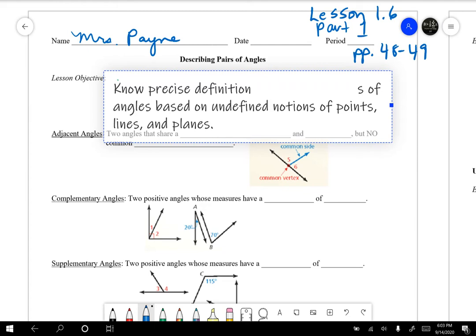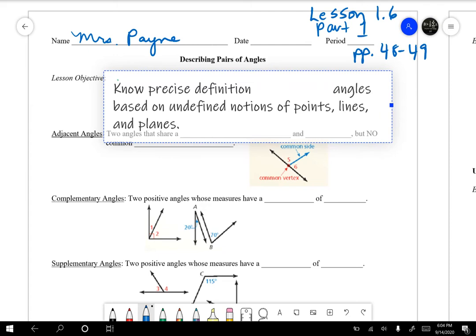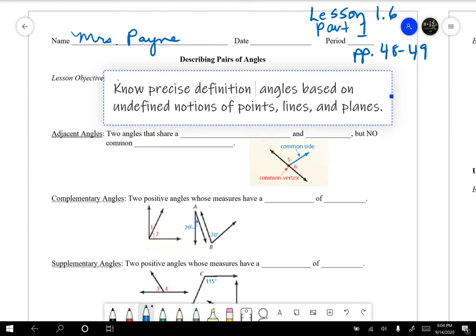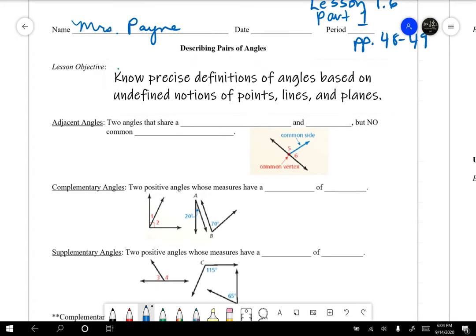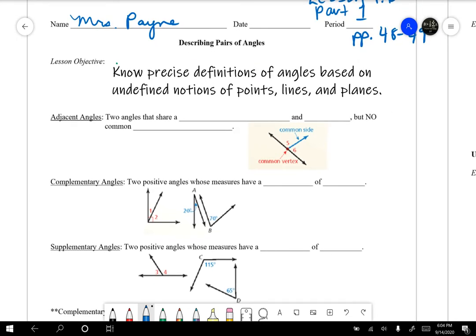I started by typing in our objective, which is to know the precise definitions of angles based on undefined notions of points, lines, planes from last week. So hopefully you have this in front of you.